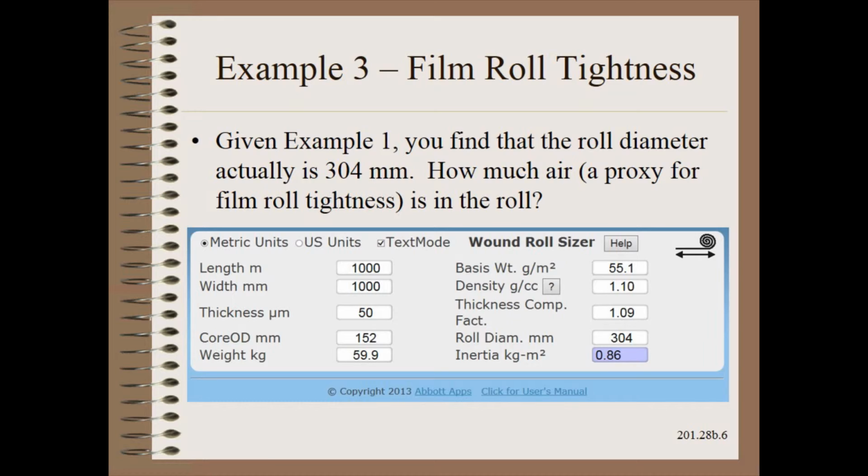Take care, however, that the measurements of web thickness must be quite accurate to do this kind of work. As we learned in the advanced winding section of Web 101, a better way to do this might be to simply weigh the rolls and compare densities. In summary, we could have an offline or online wound roll tightness measurement for film using readily available information and a calculator such as this.